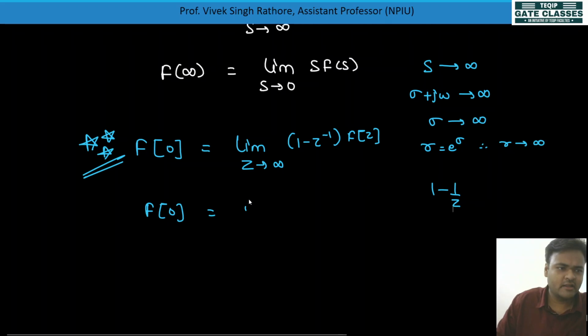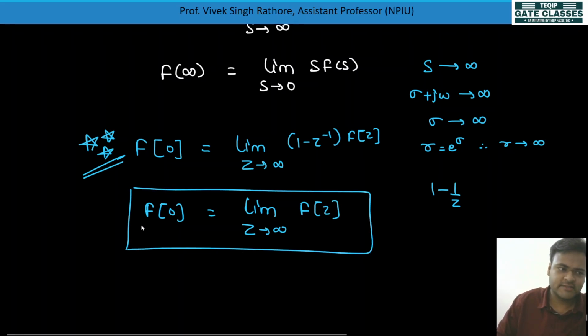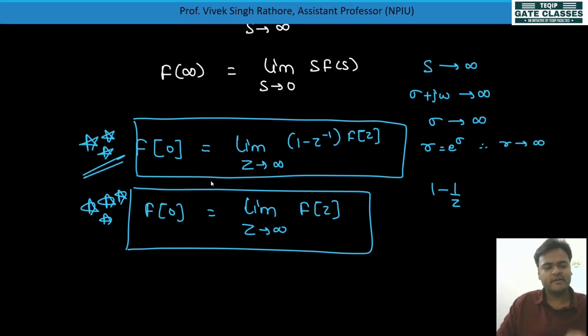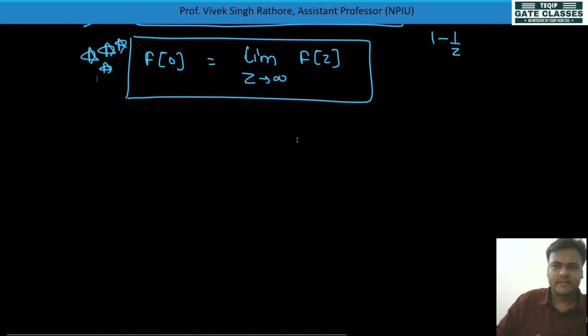So directly you can write limit z tending to infinity of F(z). This value can also be taken as the initial value theorem. Both statements can be written; it depends upon how your expression is. I will tell you one question, then you can understand how we will take it. So this is your initial value theorem.